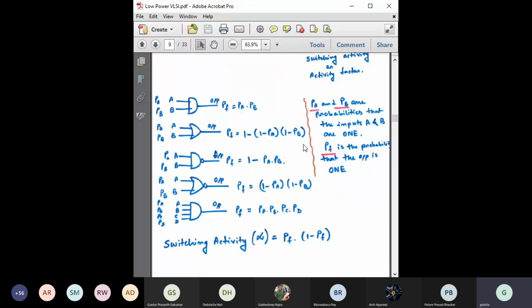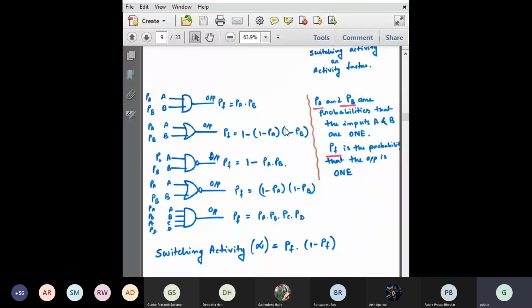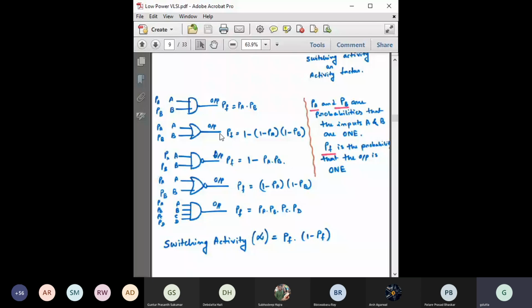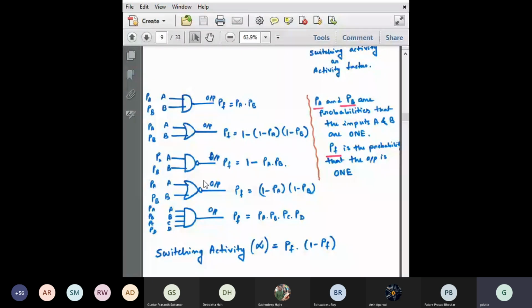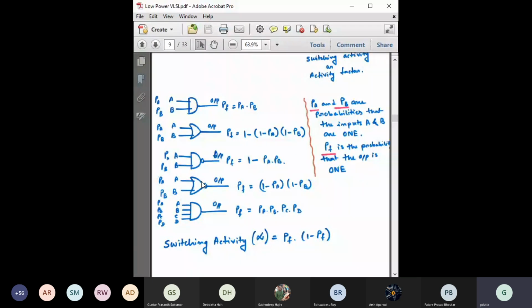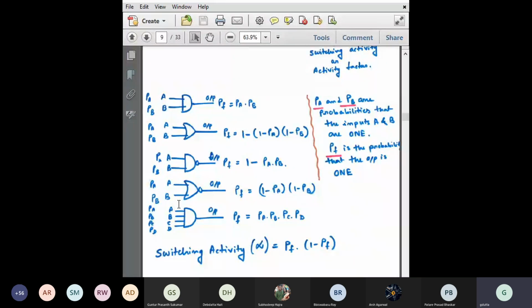So this factor gives the probability of the output being 0. If you subtract that from 1, you get the probability of the output being 1. Similarly, for the NOR gate it will be 1 minus this. For the 4 input AND gate, the probability of the output being 1 would be PA, PB, PC into PD.